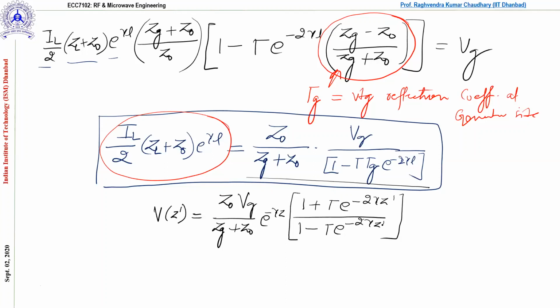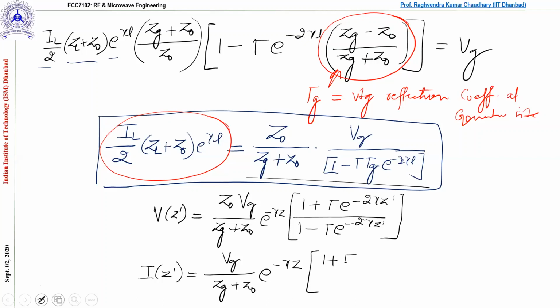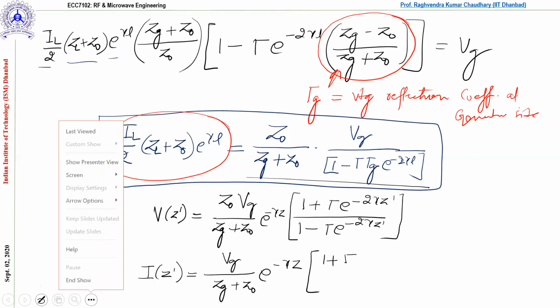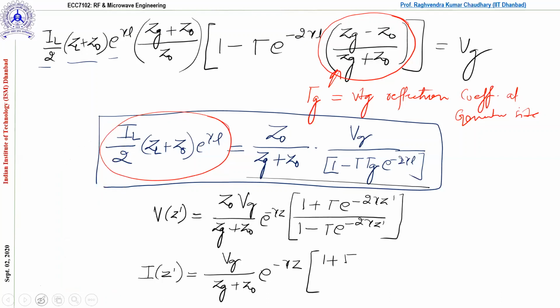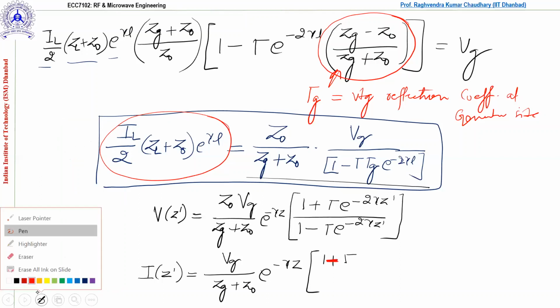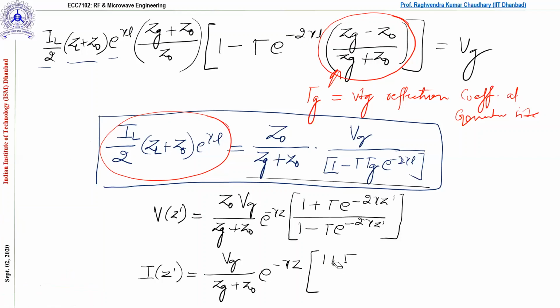This is one equation. Another equation will be I(z dash). This will be VG over (ZG plus Z naught) e to the power minus gamma z dash, and 1 plus gamma. Just a minute. This is a minus sign, please correct it.